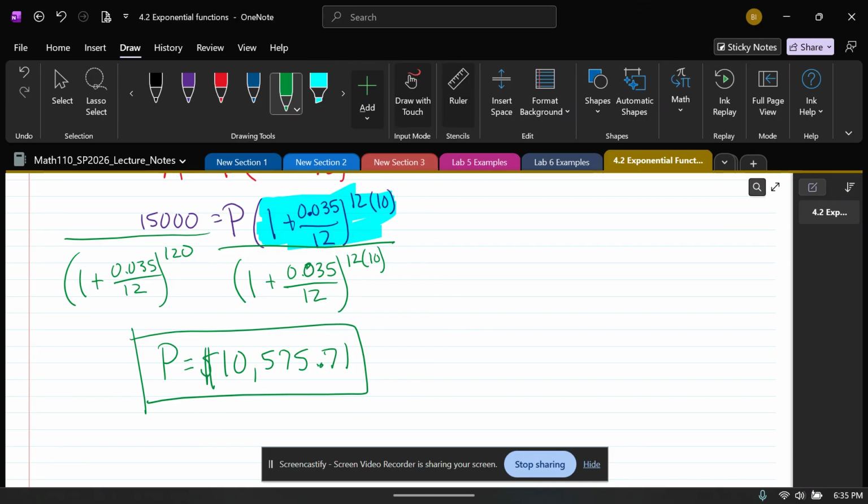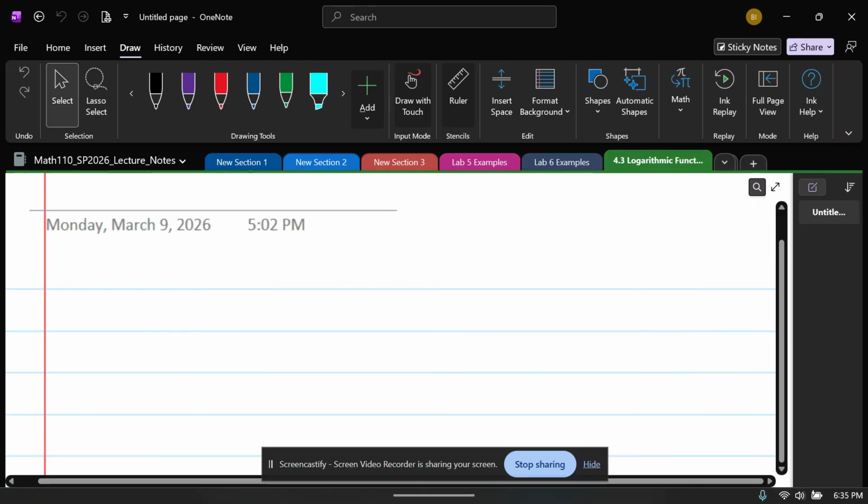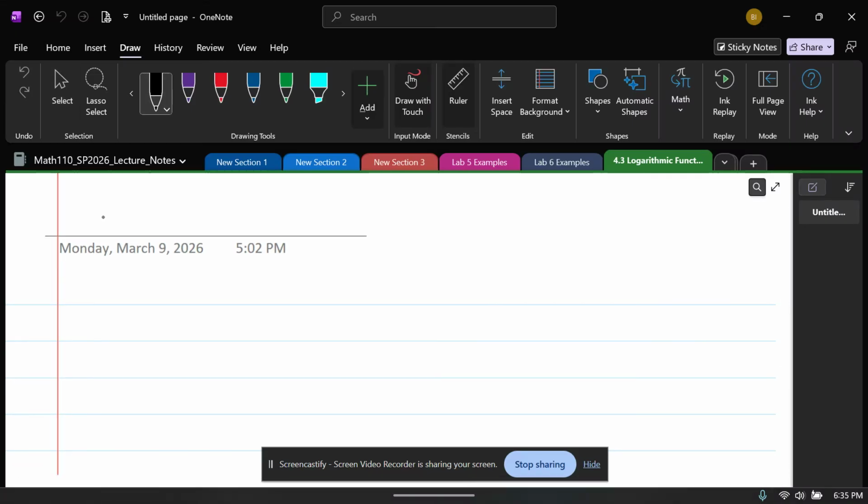So, all right. So 4-1, 4-2. Next is 4-3. And 4-3 is we're going to get into logarithmic functions. Logarithmic functions, which is the inverse of an exponential. So find my page here. 4.3 Logarithmic Functions.